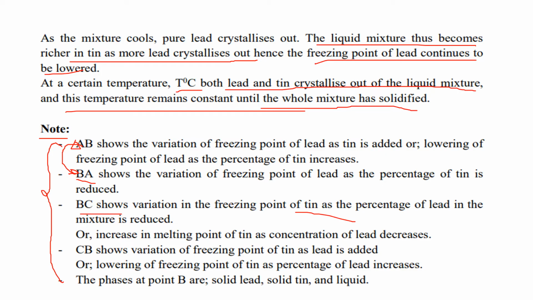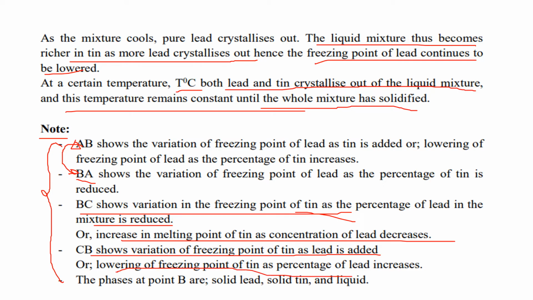Curve BC shows variation in the freezing point of tin as the percentage of lead in the mixture is reduced, or simply increasing melting point of tin as concentration of lead decreases. What about CB? CB shows variation of freezing point of tin as lead is being added, or refers to the lowering of freezing point of tin as the percentage of lead increases.